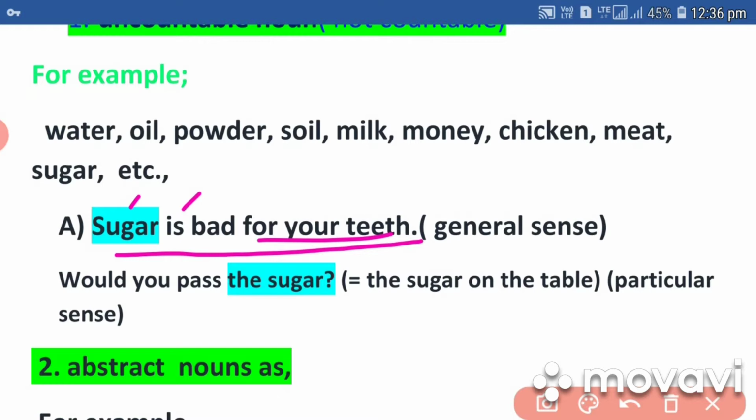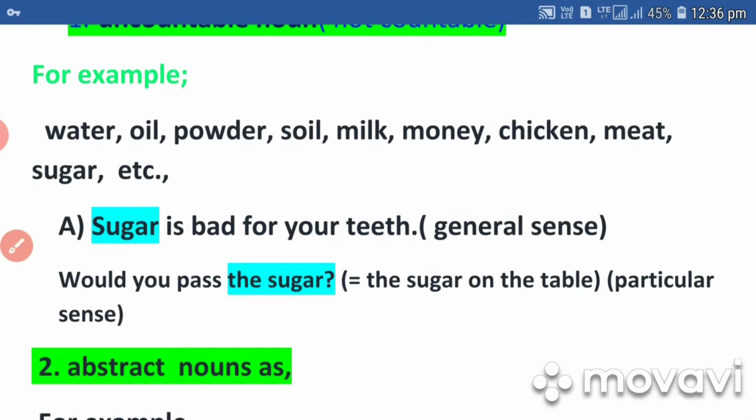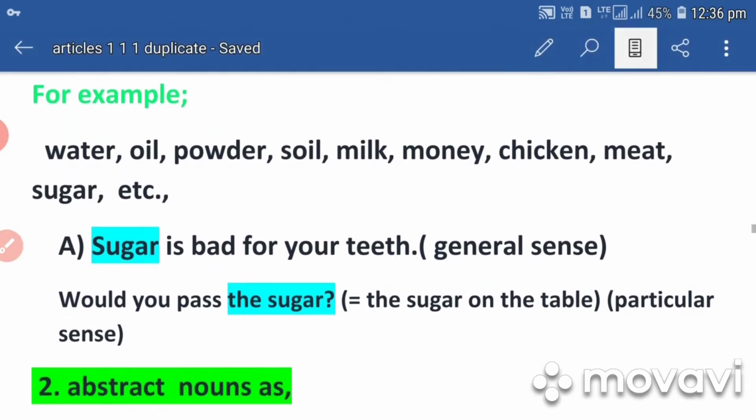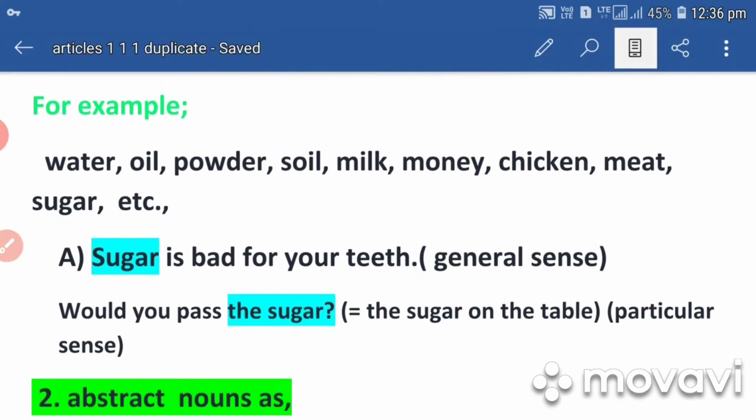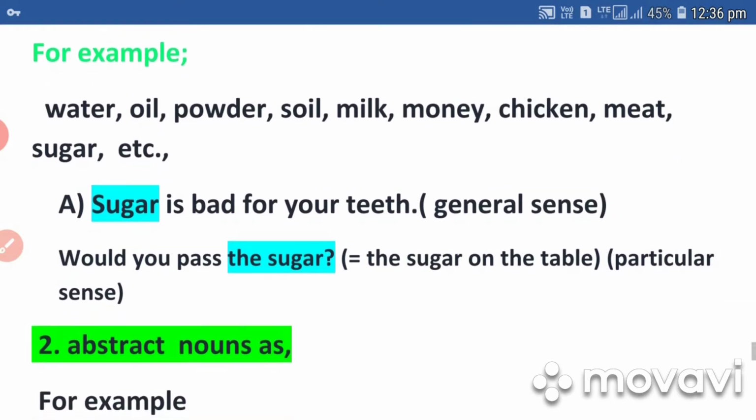Next one is, but we use the definite article before countable nouns. When do you use the definite article before countable nouns? See, for example, I have given here, would you pass the sugar? Would you pass the sugar? The sugar on the table.